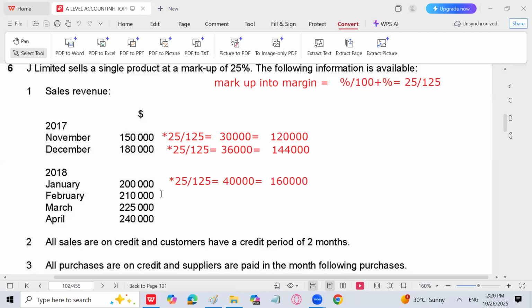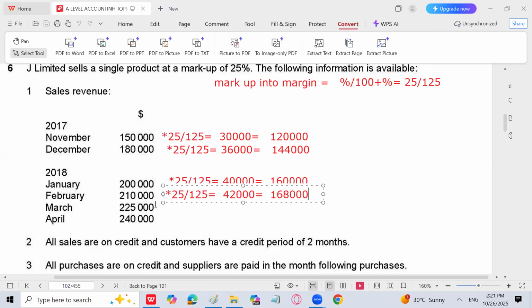Now let's talk about February. 2,10,000 into 25 divided by 125. The amount is going to be, let me calculate, 42,000. Now I'm going to subtract it from 2,10,000 to get the cost of sales. That is 1,68,000.